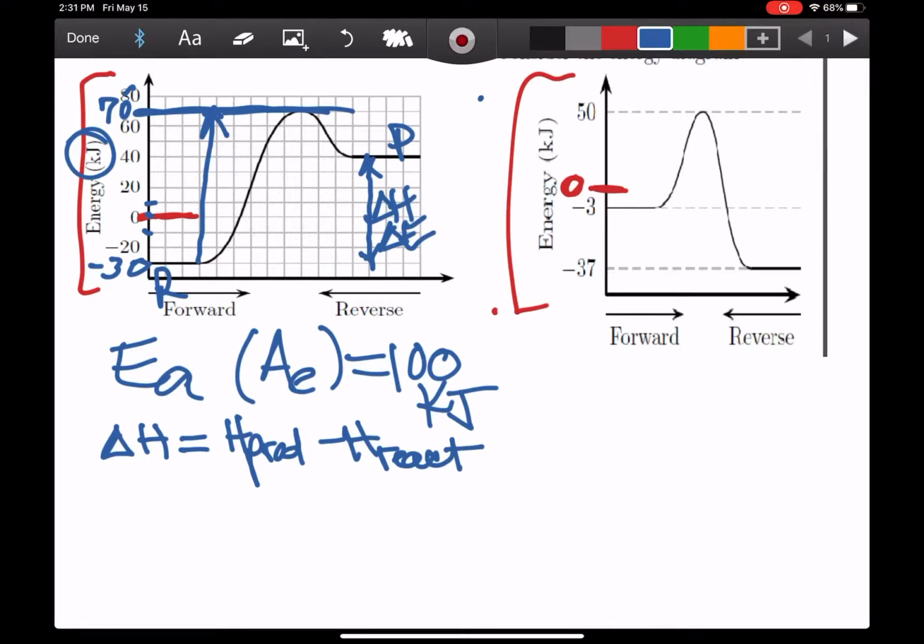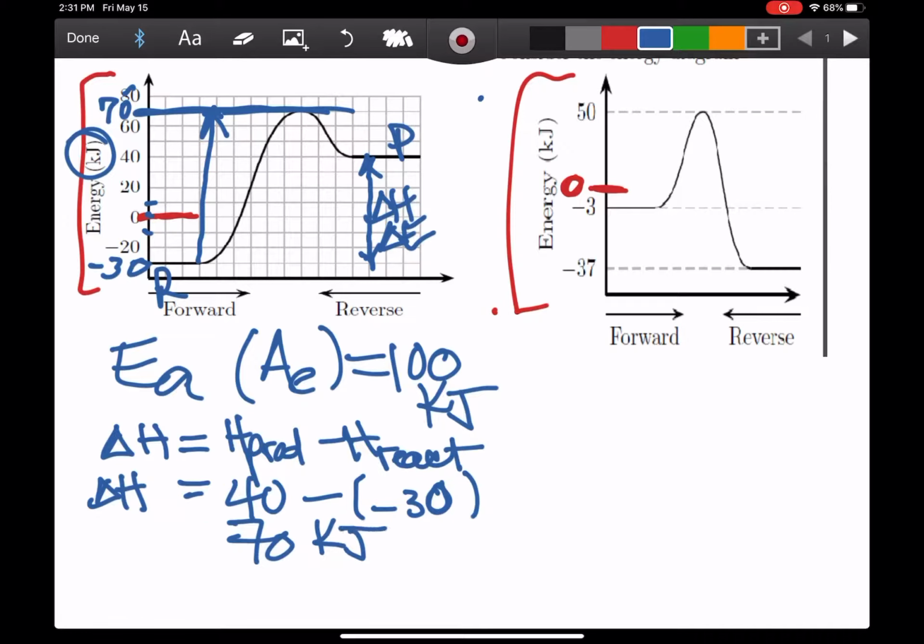So with that in mind, you need to have 40 minus, and notice the reactants are going to be a negative number, -30. So guess what happens when you minus a minus? You're actually a plus, right? So it's actually going to be 40 minus -30, which is +30. So what would be the delta H? 70, right? 70 kilojoules for delta H. So watch out for things like that, sign changes and missing zeros.